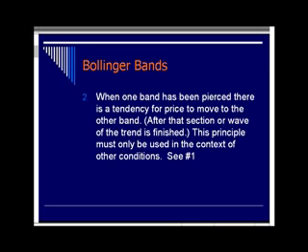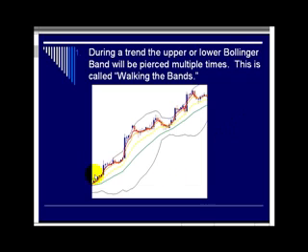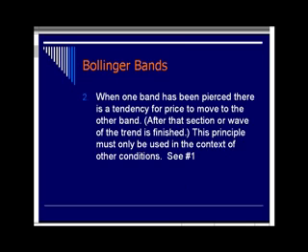Because, let's look here. The trend is up. The Bollinger Band was pierced here, here, here, here, and here. Never did it come anywhere near the lower Bollinger Band during this entire time.